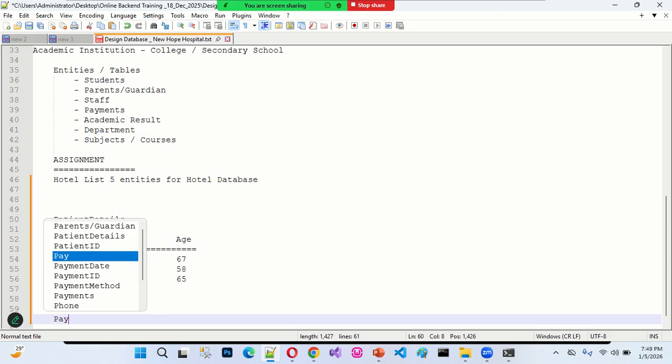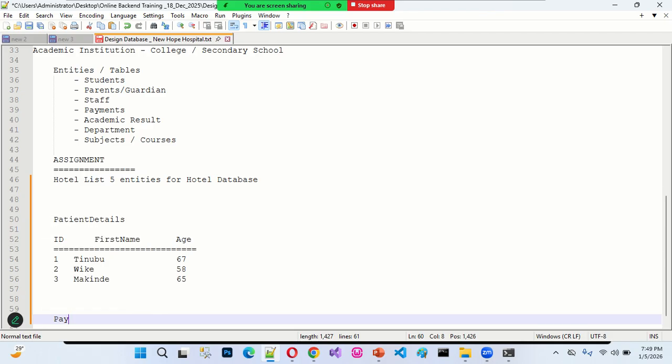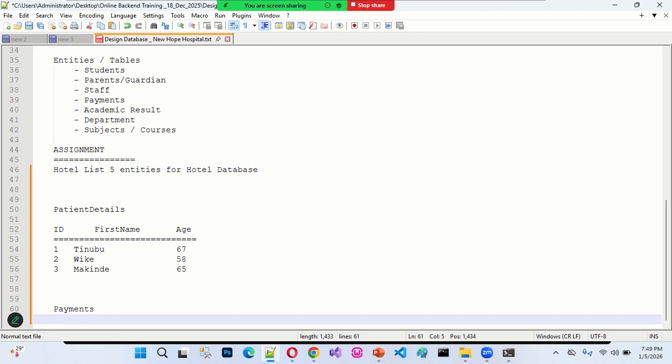payment detail table. We have a table that keeps record of the payments all these particular patients paid. So in this particular table now, I have one called payment ID. After payment ID I have amount.